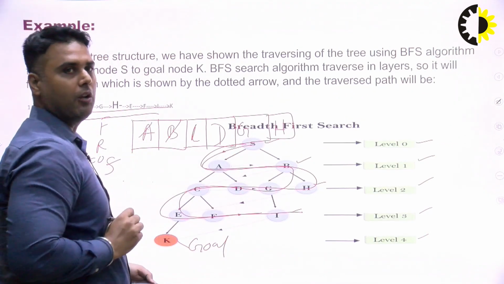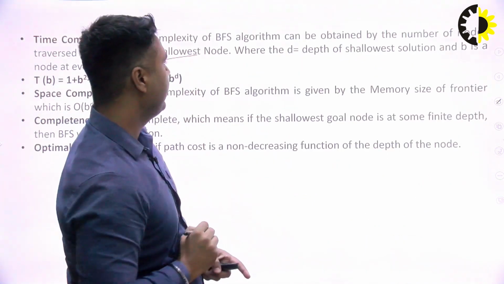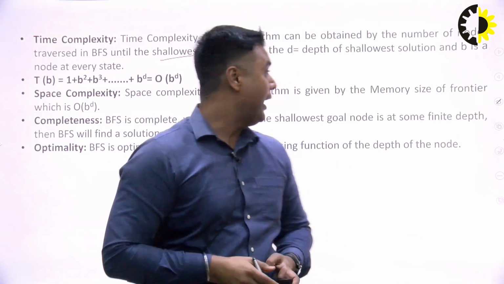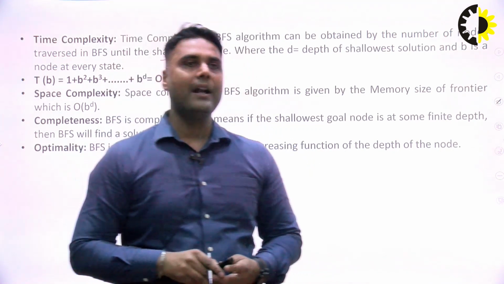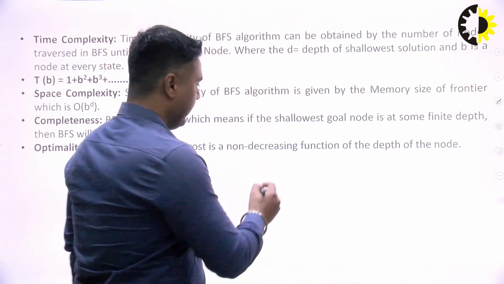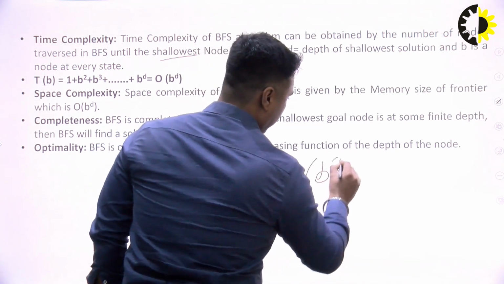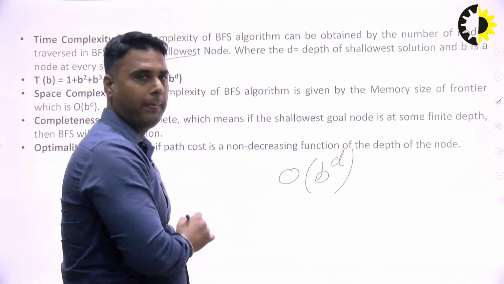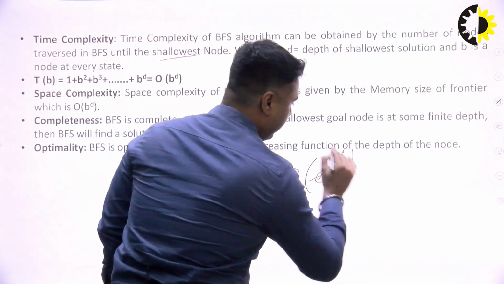Here D is the depth of the lowest solution and B is the number of nodes at every state. That means the time complexity is in the form B to the power D, where B is my branch and D is the depth.